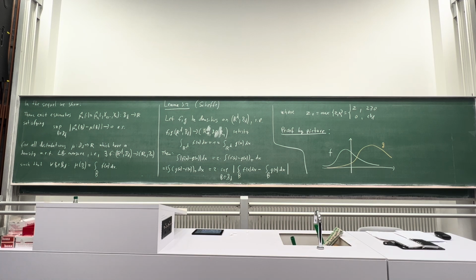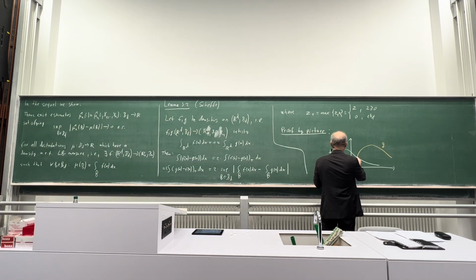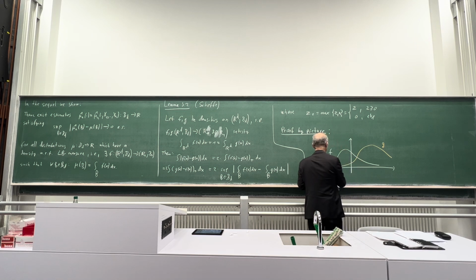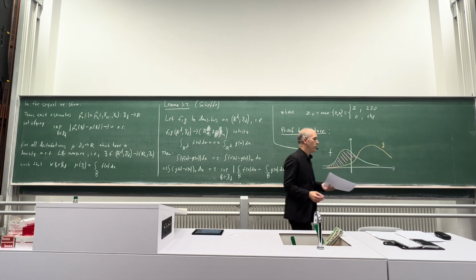To the left of the intersection point is the distance of f and g, and to the right it's 0. To the left it's the integral over the distance, so it's just the integral over this, which just gives this area here. And to the right, g is larger than f, so you integrate just 0 here.